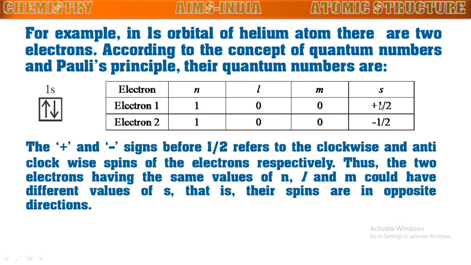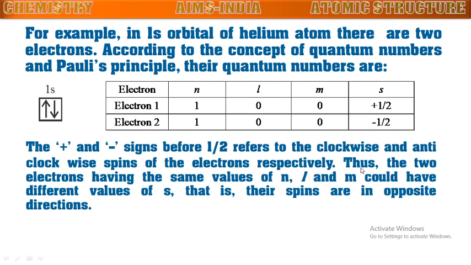Here, the plus and minus signs before half refer to the clockwise and anti-clockwise spins of these 2 electrons. The electron with the clockwise spin, shown in the upward direction, has a spin quantum number value plus half. The electron with the anti-clockwise spin, shown in the downward direction, gets minus half.